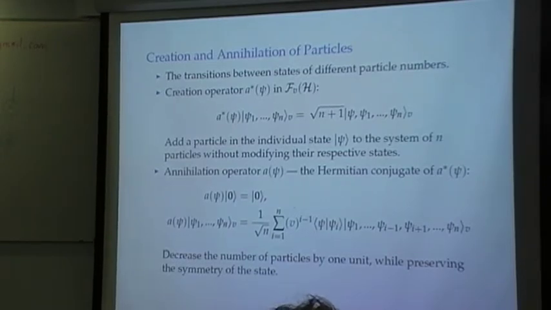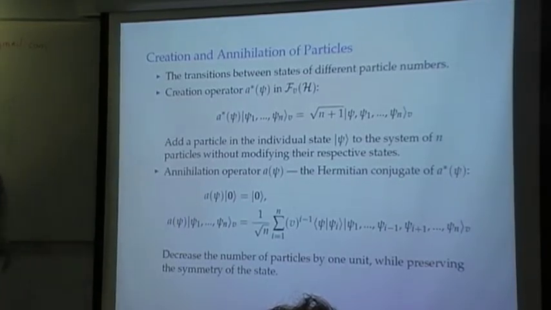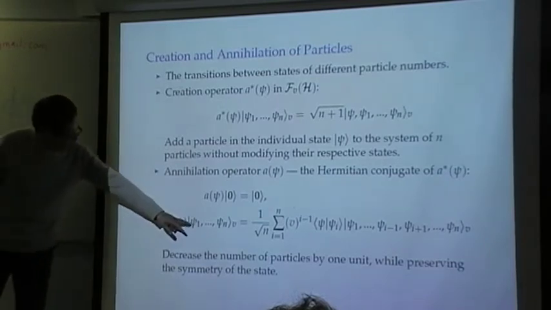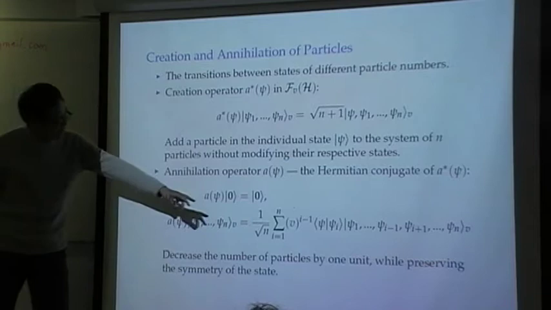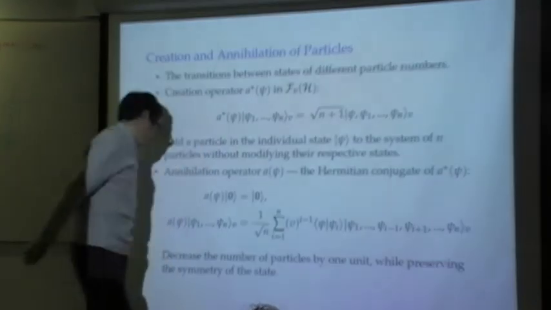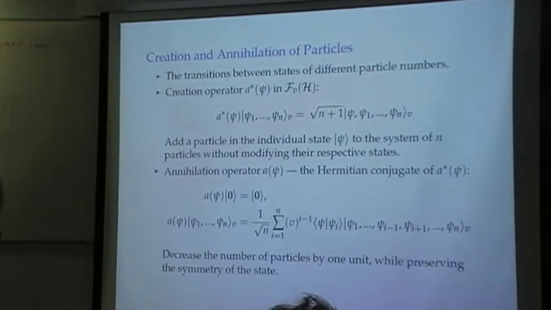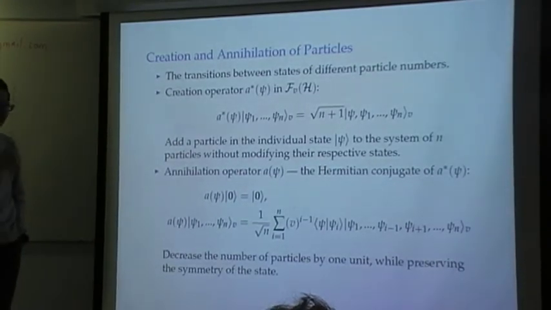It is not so difficult to prove this. A psi acting on the vacuum gives zero. If it is applied to psi 1 to psi n, then we get this one. So from here you see that the annihilation operator decreases the number of particles by 1 unit.